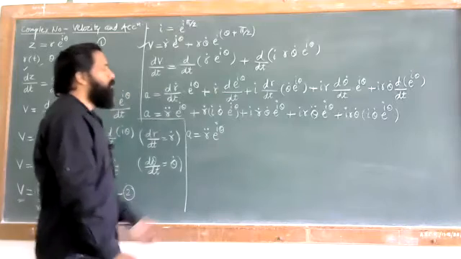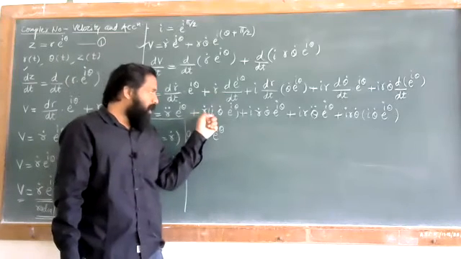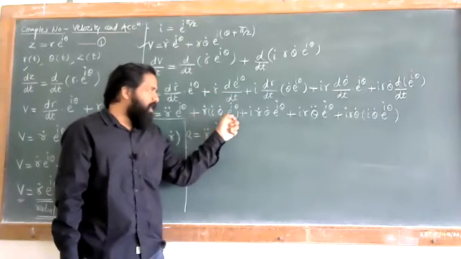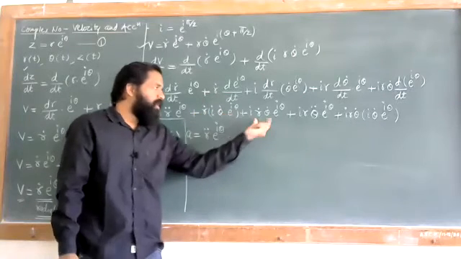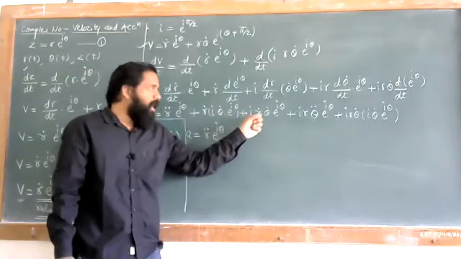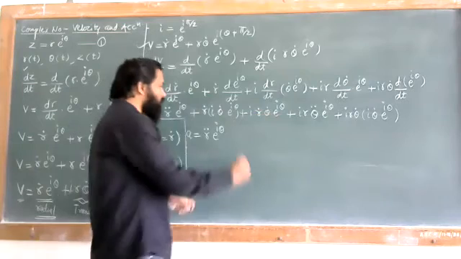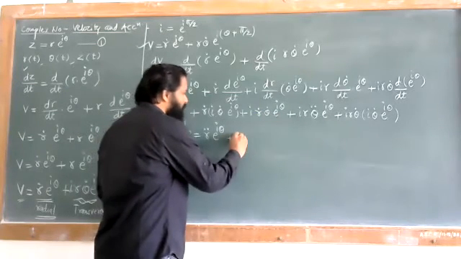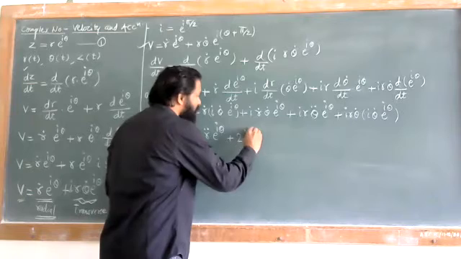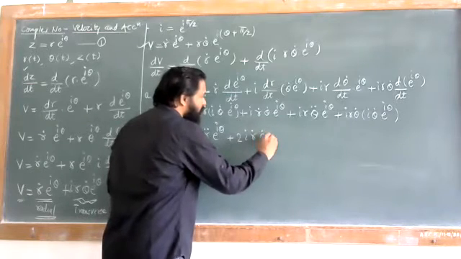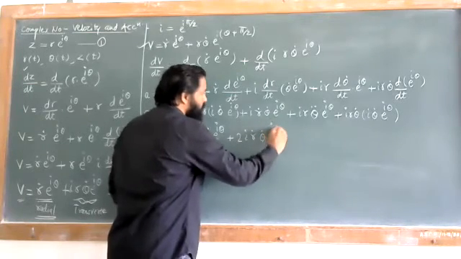Look at this one, i r dot theta dot e raised to i theta, i times r dot theta dot e raised to i theta. We have the same term, i r dot theta dot e raised to i theta. So I can write 1 plus 1, that is nothing but 2i times r dot theta dot into e raised to i theta.